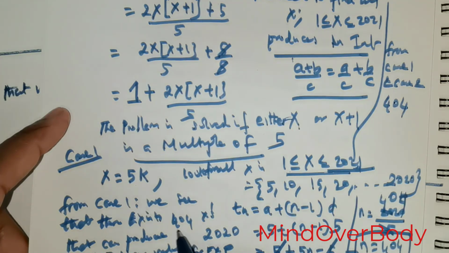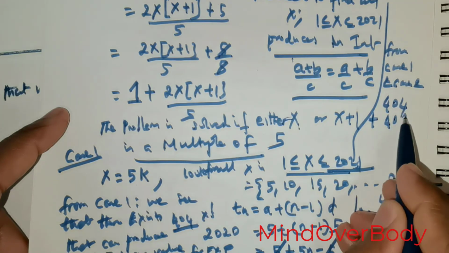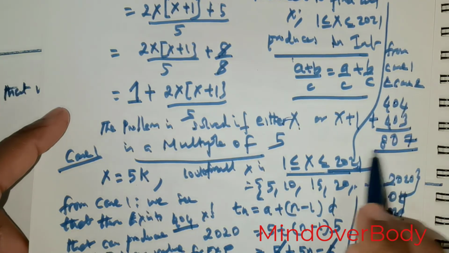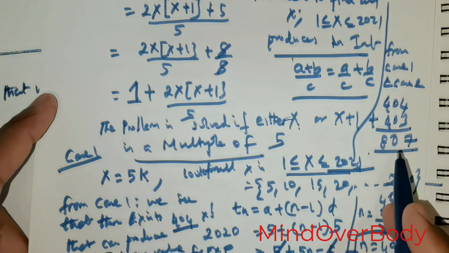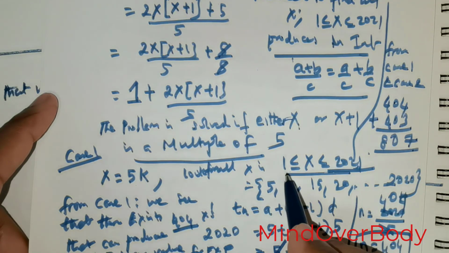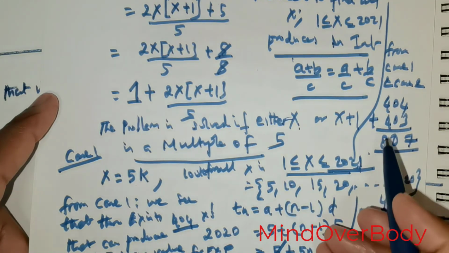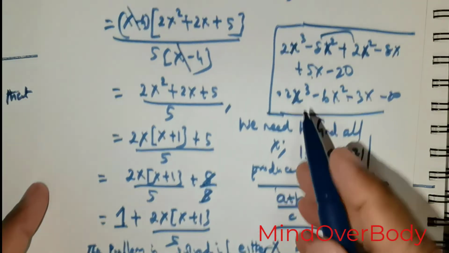That's what we have got, 404. From case 2 it is 403. So if I were to add these two things, I would get 807. So what is the meaning of this? It means there are 807 x's present in the interval 1 less than or equal to x less than or equal to 2021 that will produce an integer value for the expression.